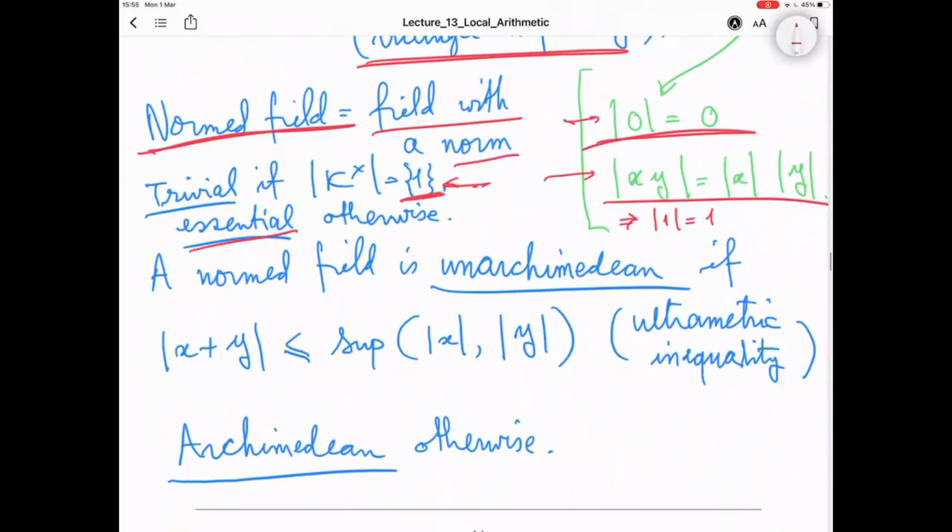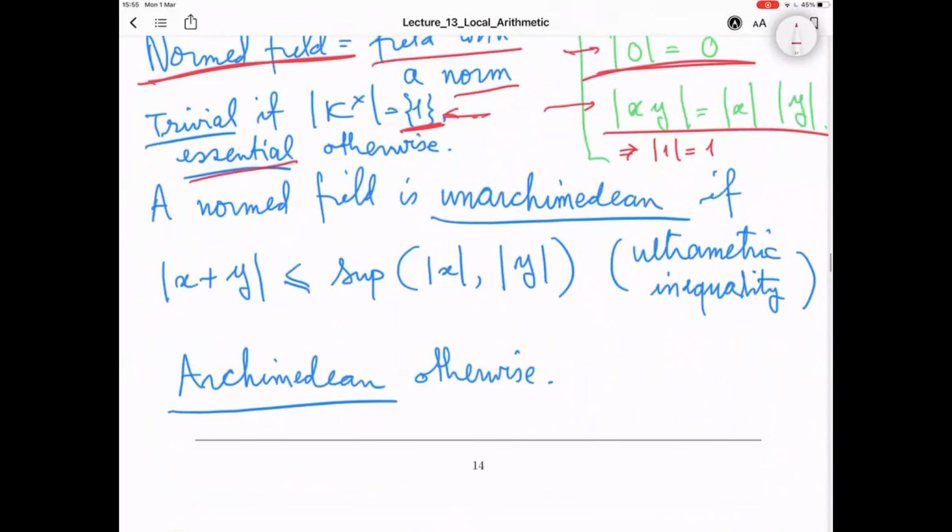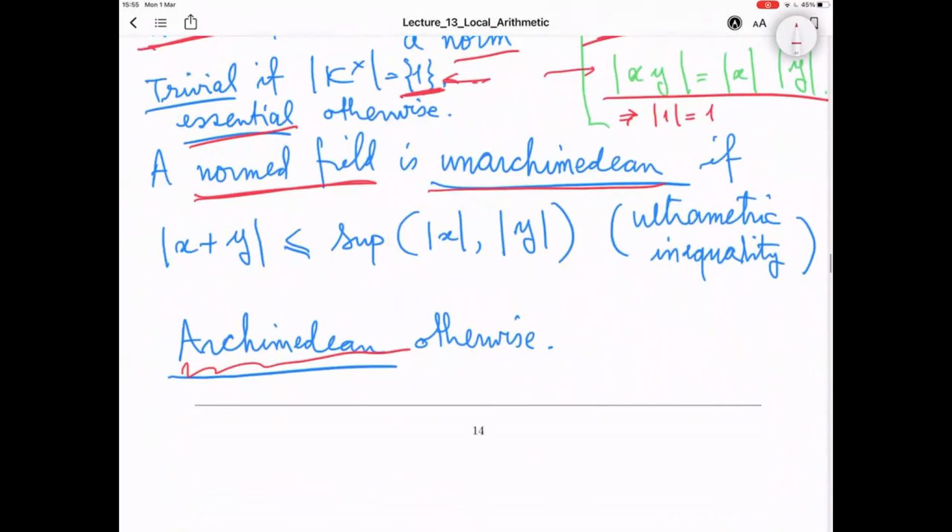And I'll call it essential otherwise. And here is an important distinction between non-Archimedean and Archimedean norms. This normed field is going to be called non-Archimedean if the norm of x plus y is less than not just the sum of these two, but it's smaller than whichever is bigger among these two.